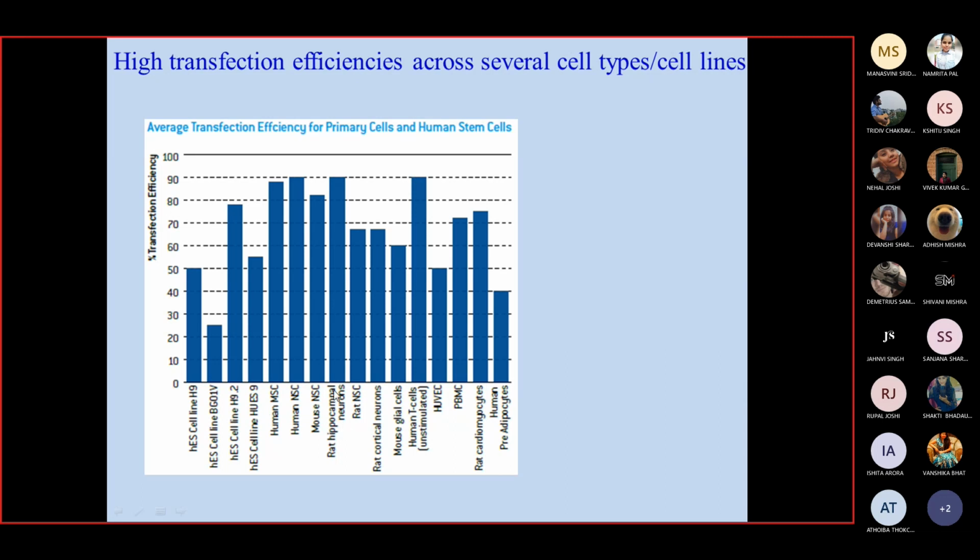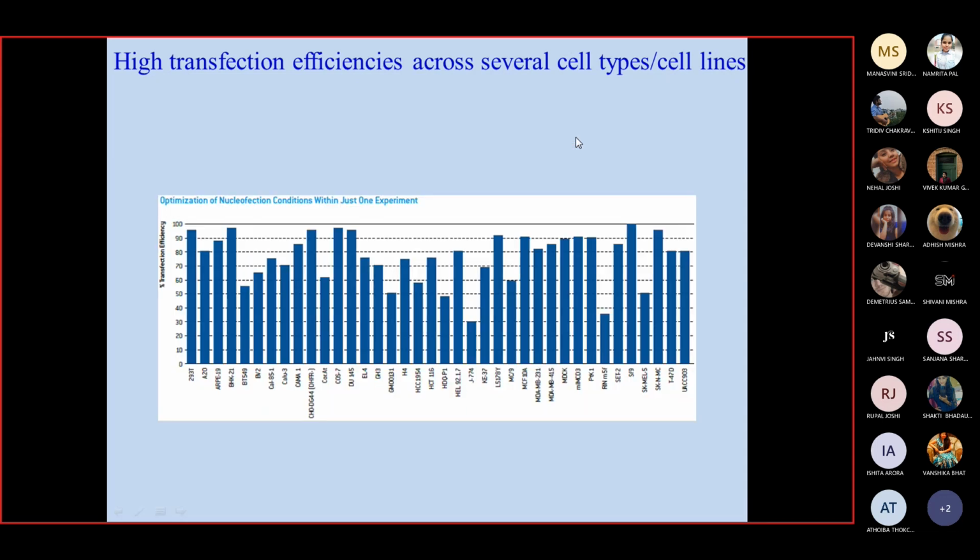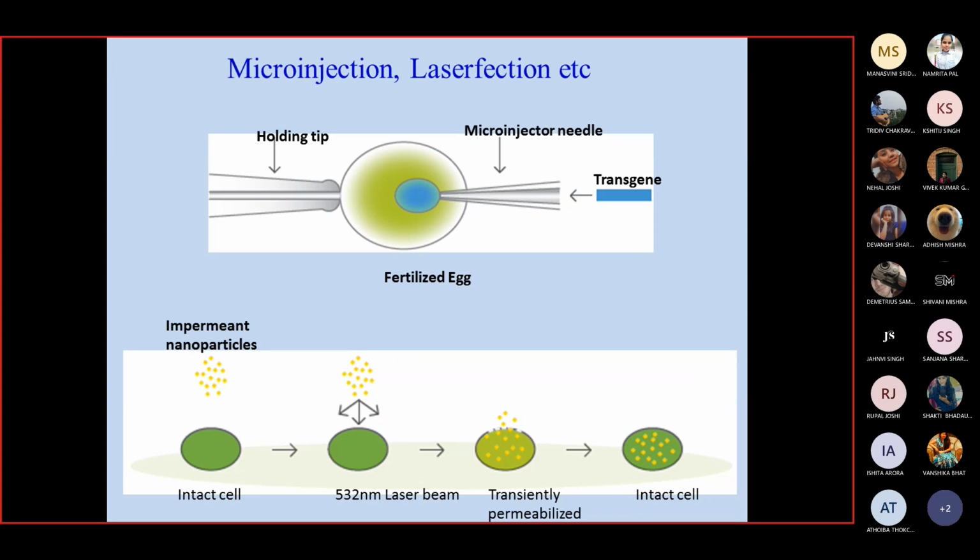Similarly, rat hippocampal neurons can be transfected at very high efficiency. So this just shows many different cell types or cell lines were used, and they had this maximal response. Most of the cells, more than 90% of the cells, took up the foreign DNA. So nucleofection is kind of costly because you're going to customize it.